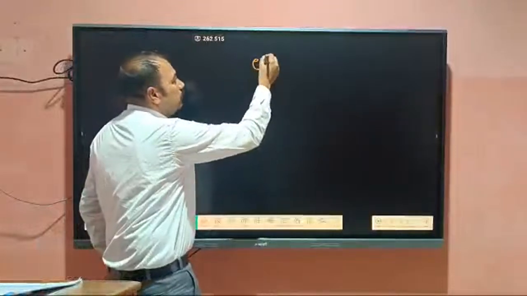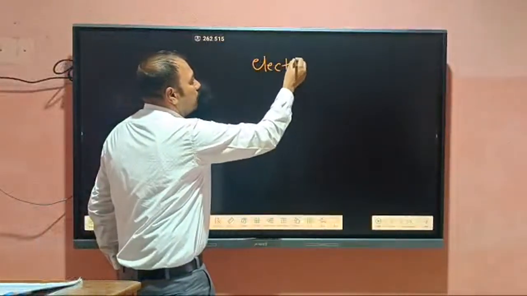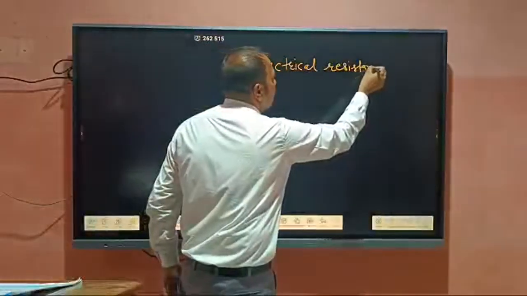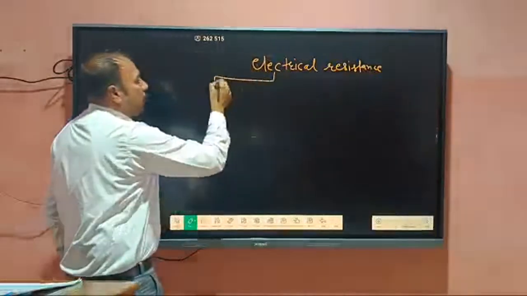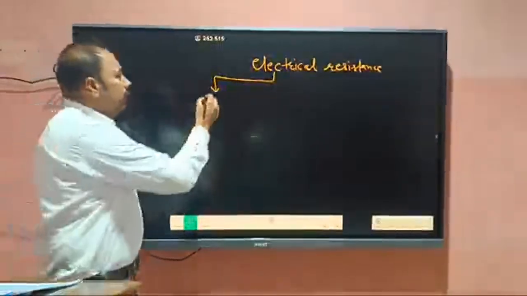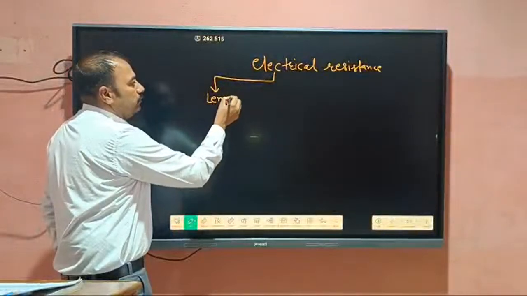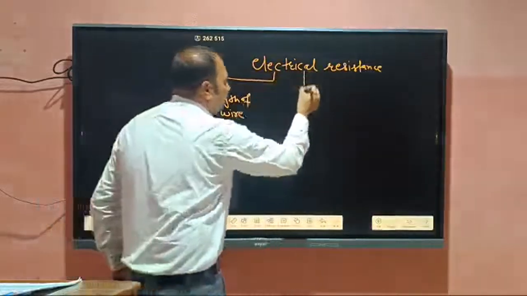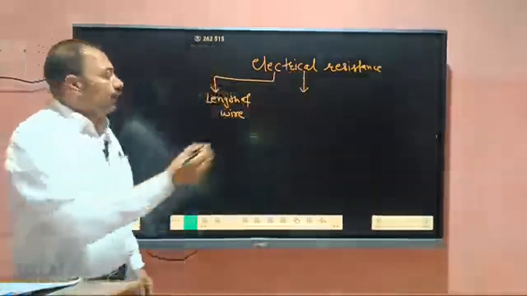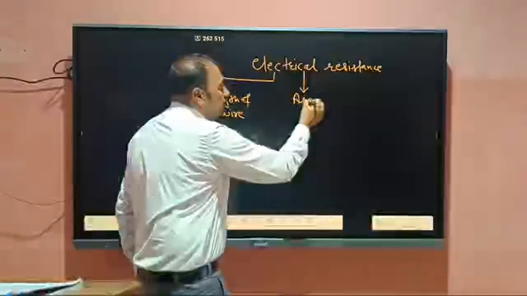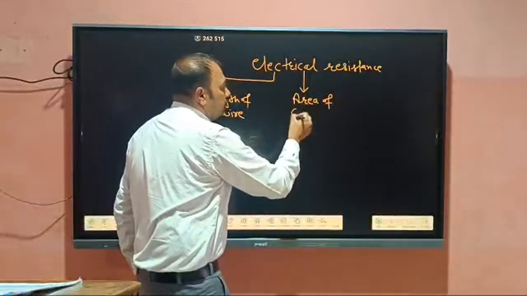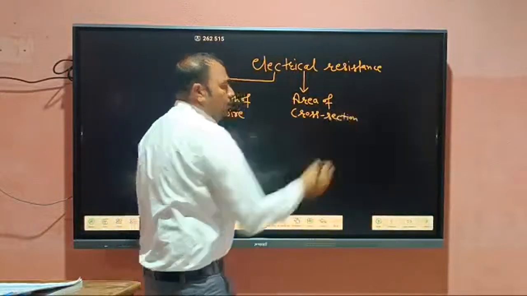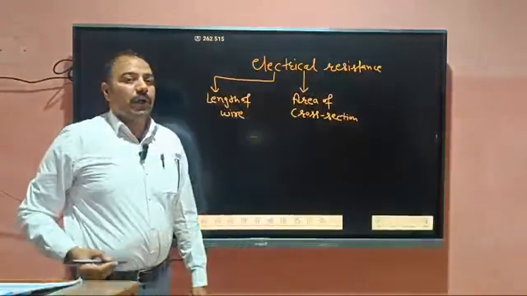So this depends upon first, length of wire, and second, area of cross section. So these both factors depend upon the shape of the wire.